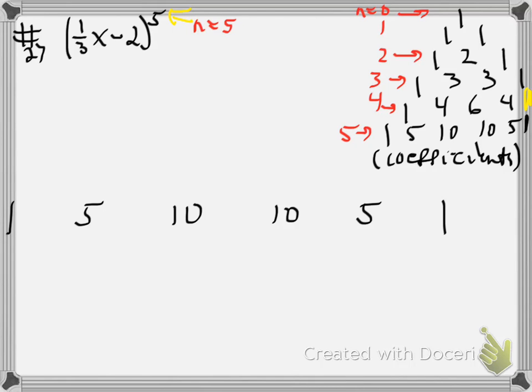Now, you also have to check the signs. So I'm going to put the signs in red here. It turns out because this is a minus sign, the signs go positive, negative, positive, negative, positive, negative. So this is going to be negative, positive, negative, positive, negative. Okay, so we got that going.